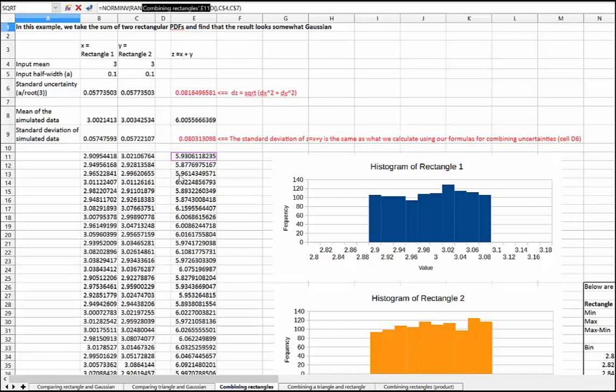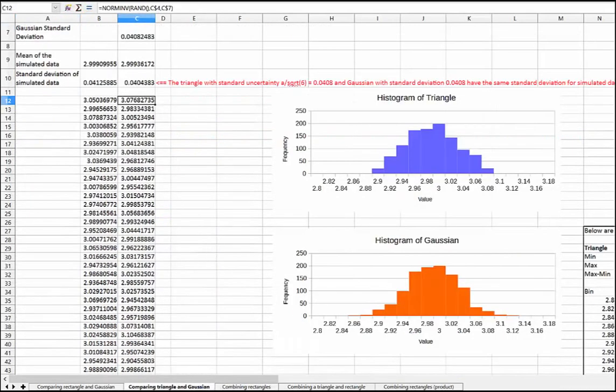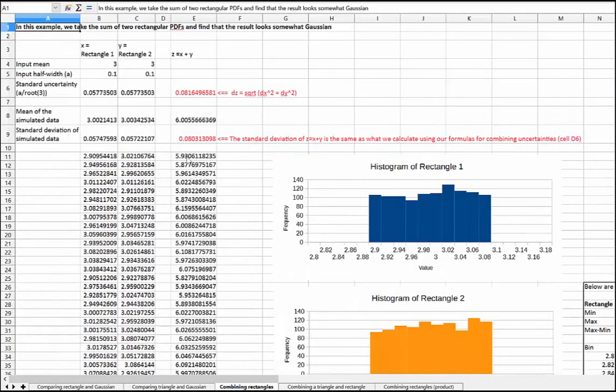Now, if I do that and I simulate a whole bunch of data points, I can then take the regular mean and the regular standard deviation of the simulated data points.